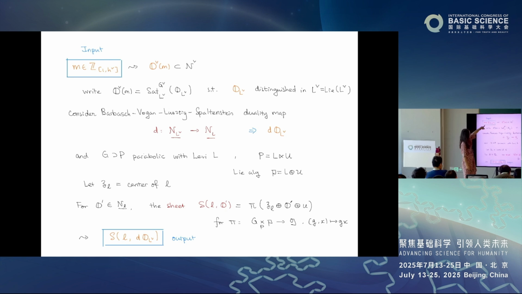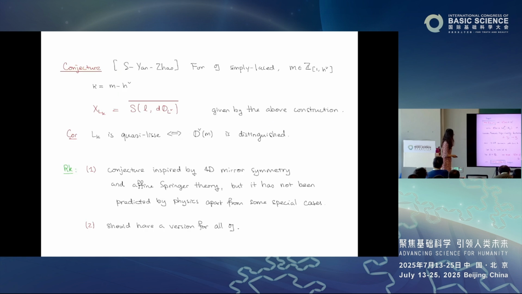So if we start from m, you first get this, and then you get this distinguished orbit. You apply the duality, you get the orbit in the Lie algebra, and you consider its sheet. This is the output. And then the conjecture is: for G simply laced and m an integer in this region, where kappa is as before m minus h check, then the associated variety should be the output of this m by the procedure I explained.